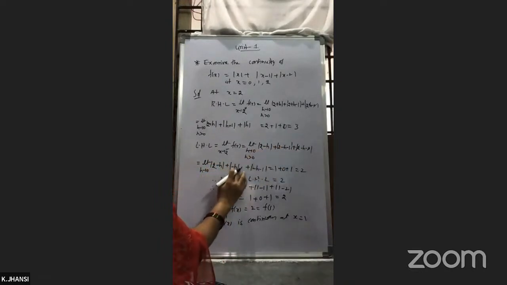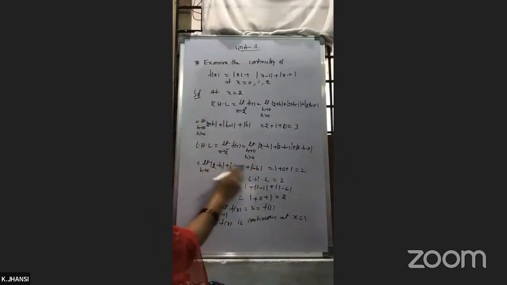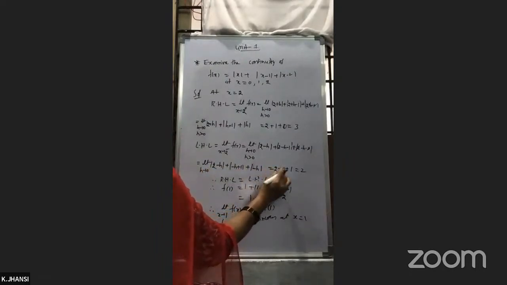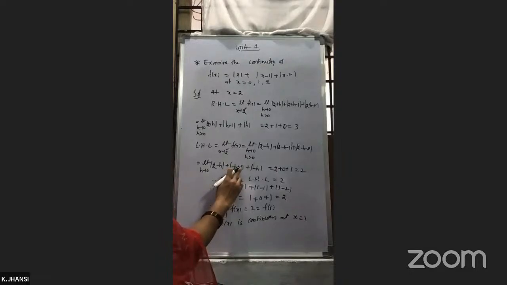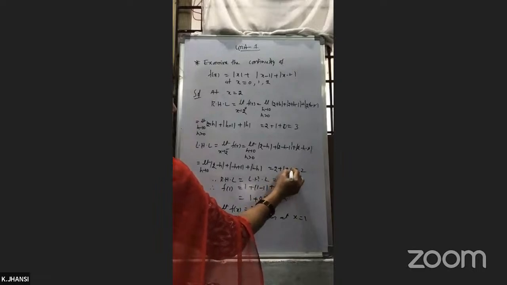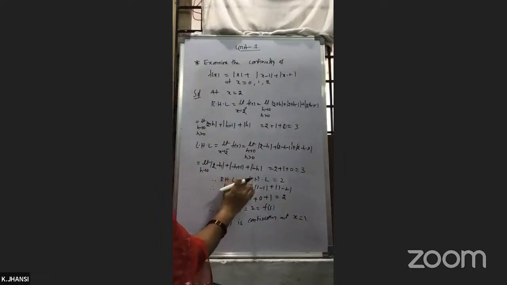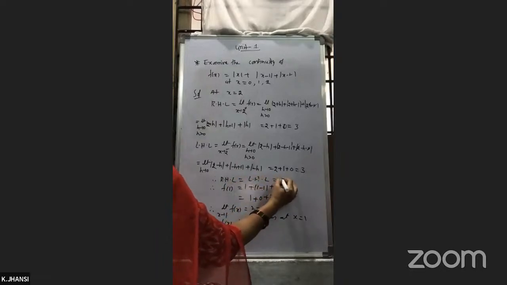And this is minus h plus 1. And here only minus h. So this is 2 minus 0, so you'll get the value as 2. And this is 0 plus 1, so you'll get 1. And this is 0. So the value is here 3. Okay. So RHL equals to LHL is equal to 3.